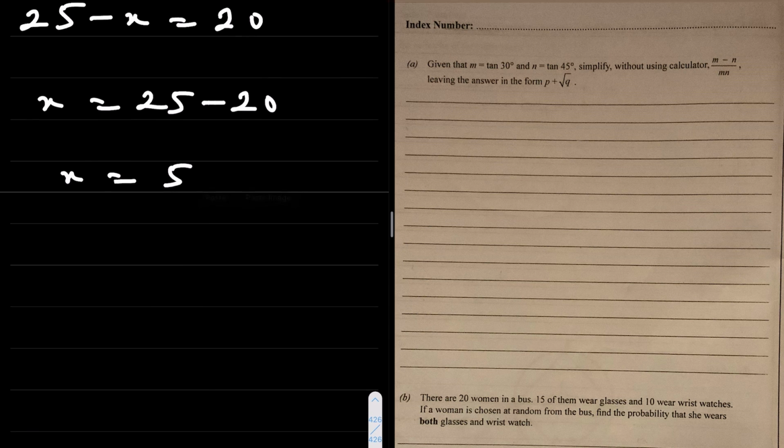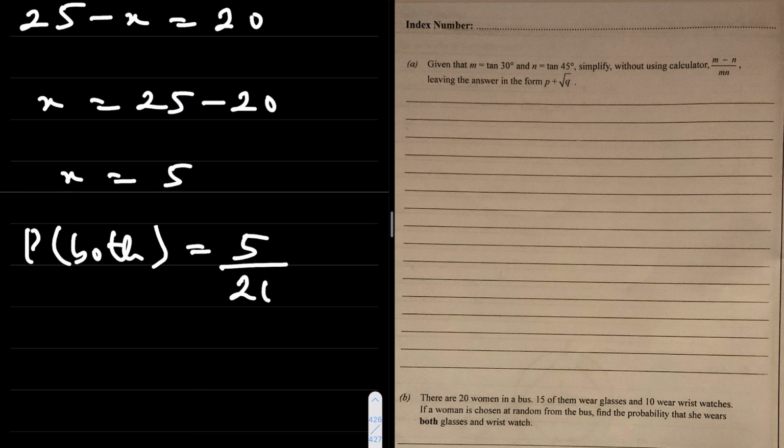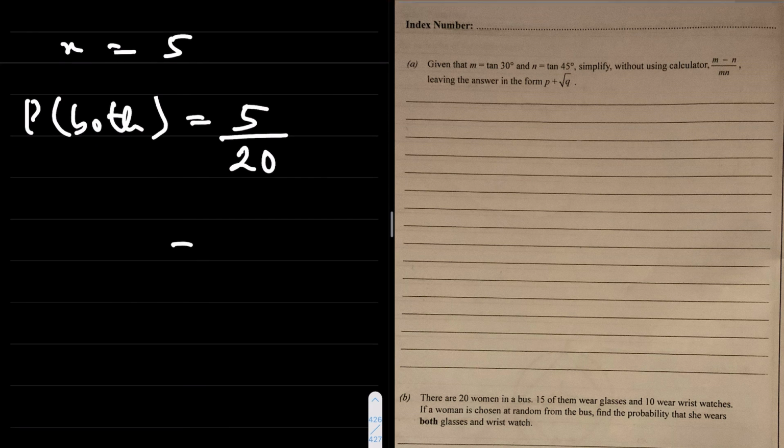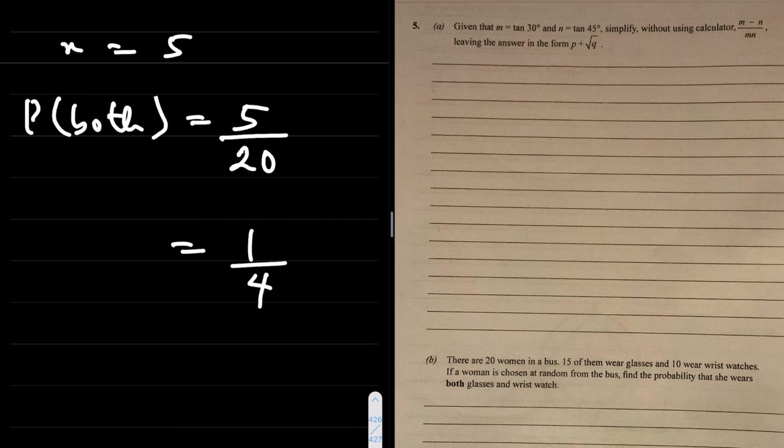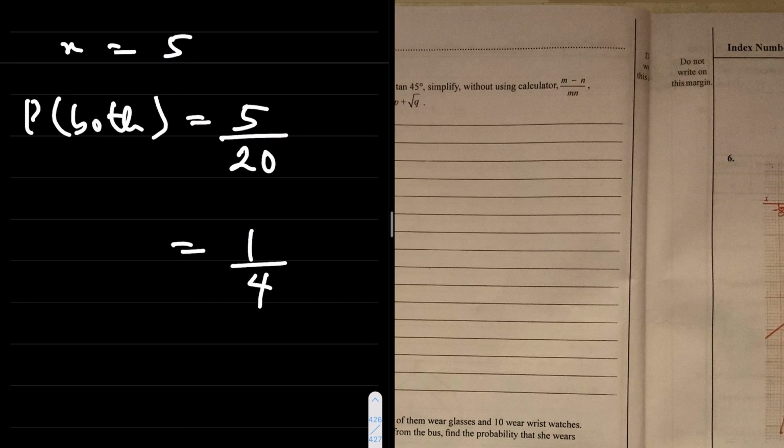So the probability, therefore, that a woman chosen at random wore both glasses and wristwatch is the number of women who wore glasses and wristwatch over the total number of women, which is 1/4. And that's it. Very simply.